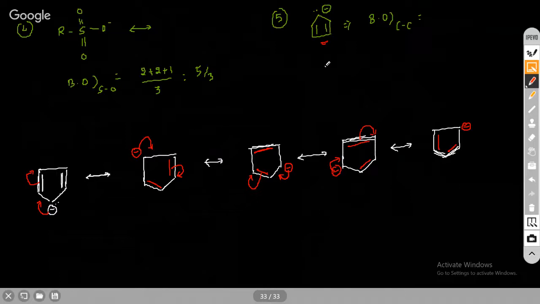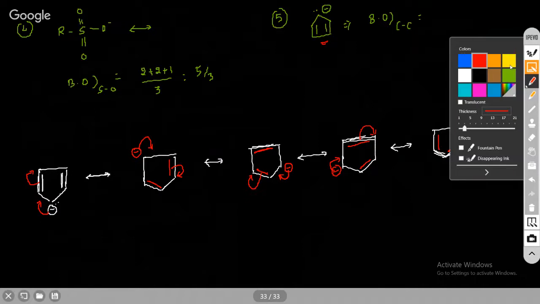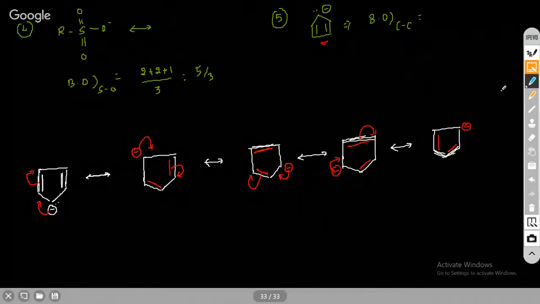Now in all these structures, you see, one by one, the negative charge is present on all carbon atoms. Suppose this is 1, 2, 3, 4, and 5.